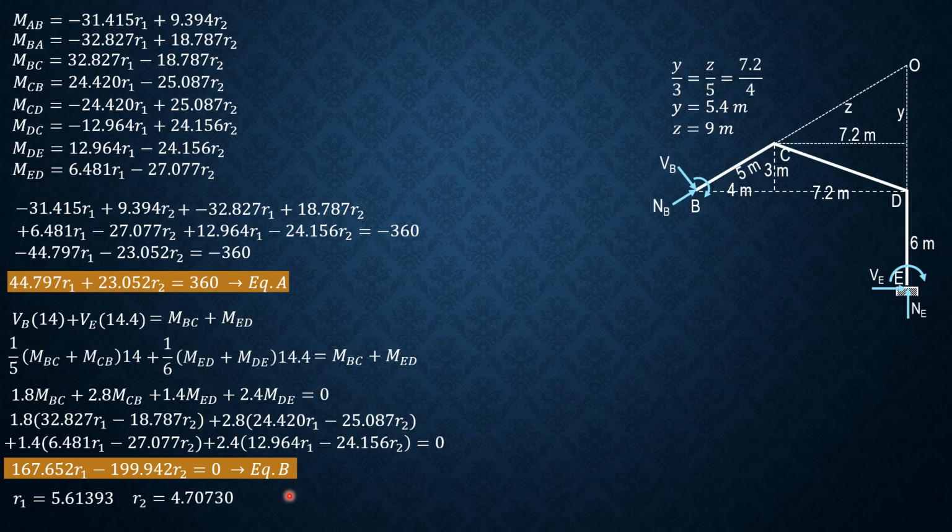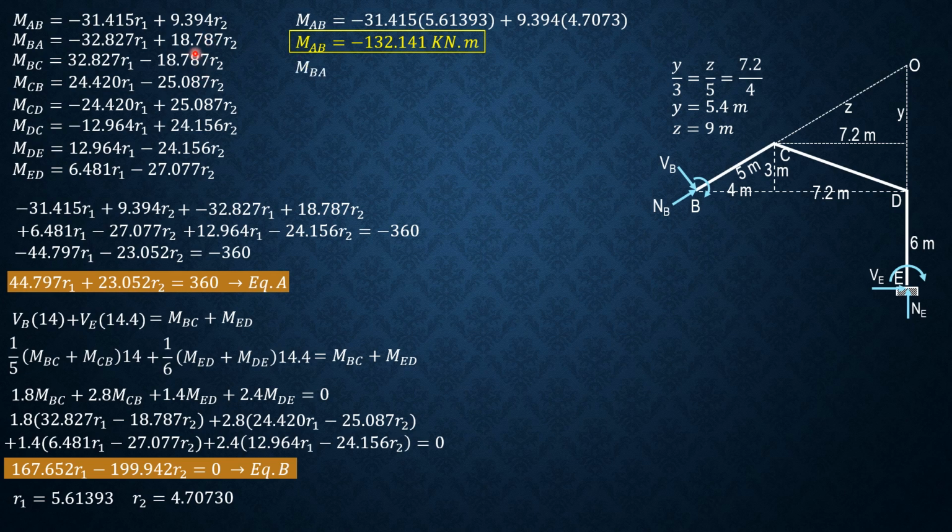Solving equations A and B simultaneously, we get R1 equals 5.61393 and R2 equals 4.70730. So from here, we can now solve MAB. MAB is negative 31.415 of 5.61393 plus 9.394 of 4.7073. MAB is equal to negative 132.141 kilonewton meter.